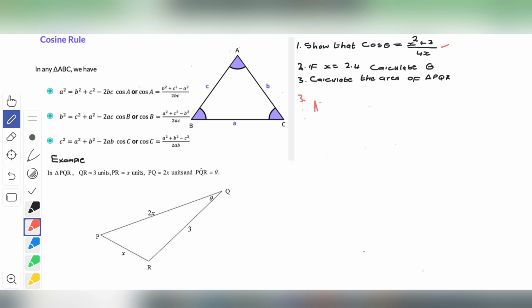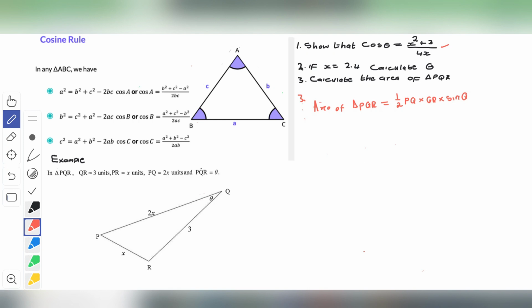So now the formula that we are going to use here, the area of triangle PQR is equals to, let me write it down, I'll explain it, 1 over 2 PQ multiplied by QR multiplied by the sine of Q, right? So how do you know that you need to write this formula like this?